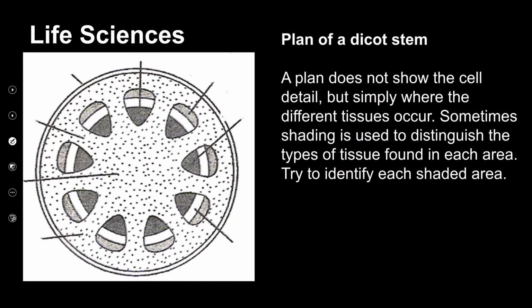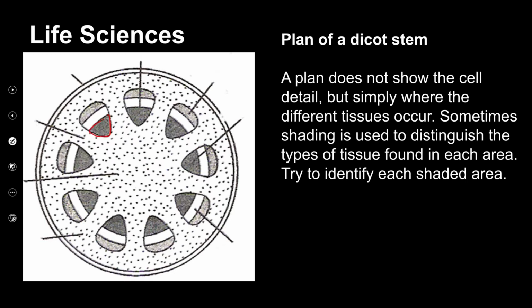Often it's easier to look at a plan diagram which shows you where the different types of cells are found without actually giving you any detail of what the cells look like. This diagram is a simplified diagram showing vascular bundles inside the plant stem. Let's now have a look and see what can we identify from what we have already talked about.